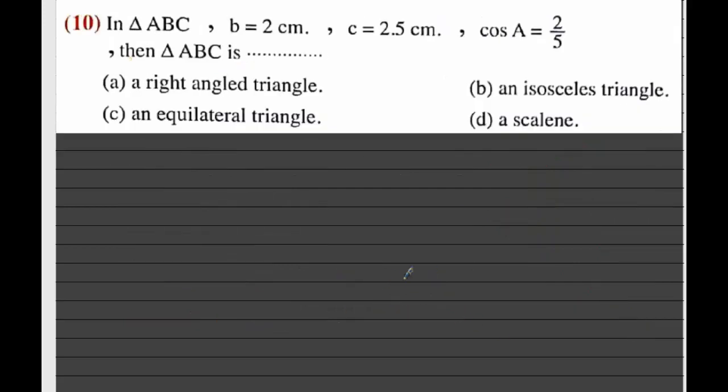Question number 10. In triangle ABC, B equals 2 centimeters, C equals 2.5, cosine A equals 2 over 5.